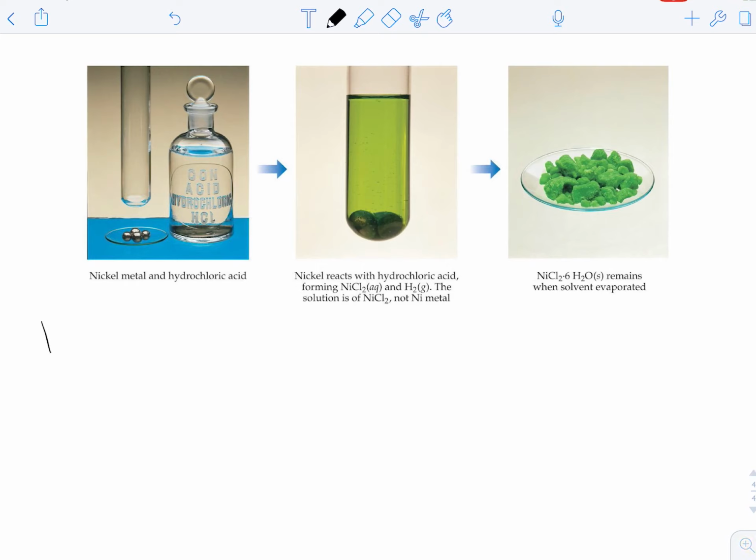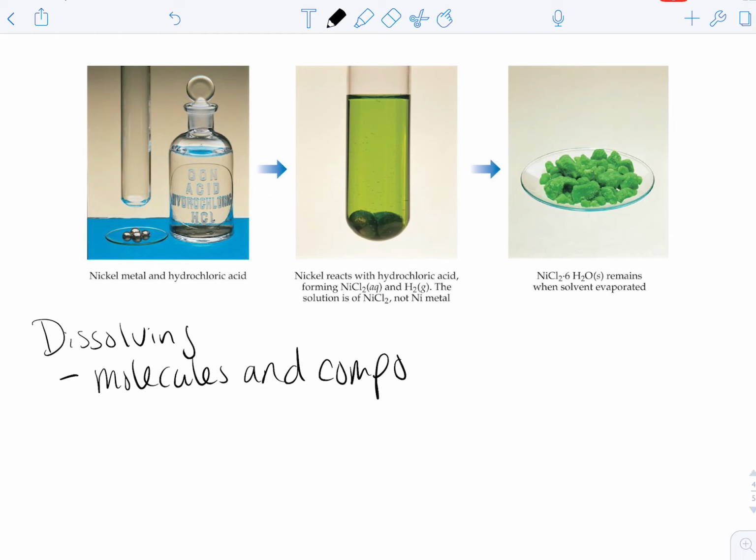So dissolving is when molecules and compounds interact via intermolecular forces, IMFs.